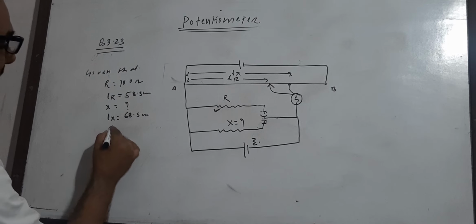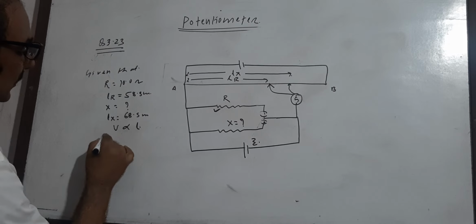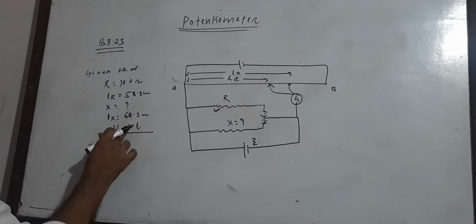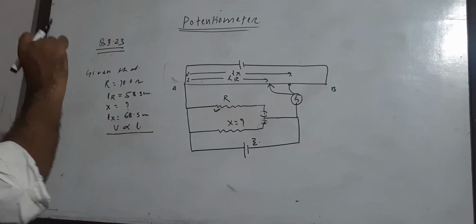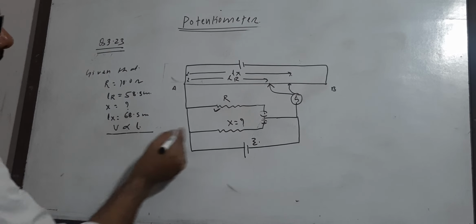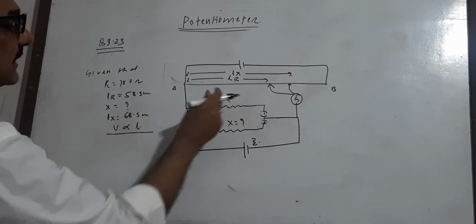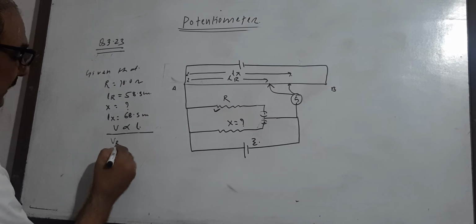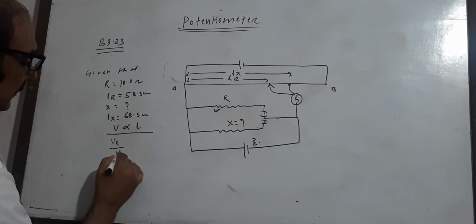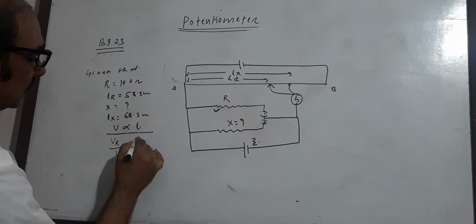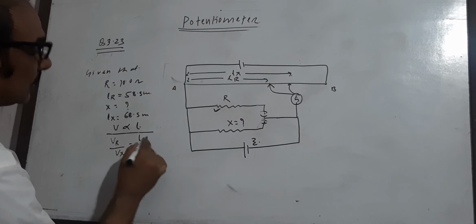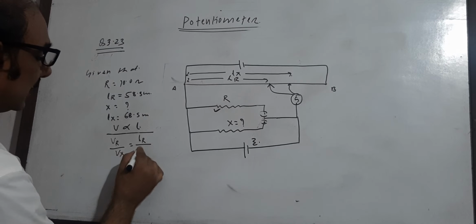So using the principle of potentiometer, V proportional to L, means potential difference is directly proportional to the balancing length. And here the potential difference across R. So VR by Vx equal to LR by Lx.